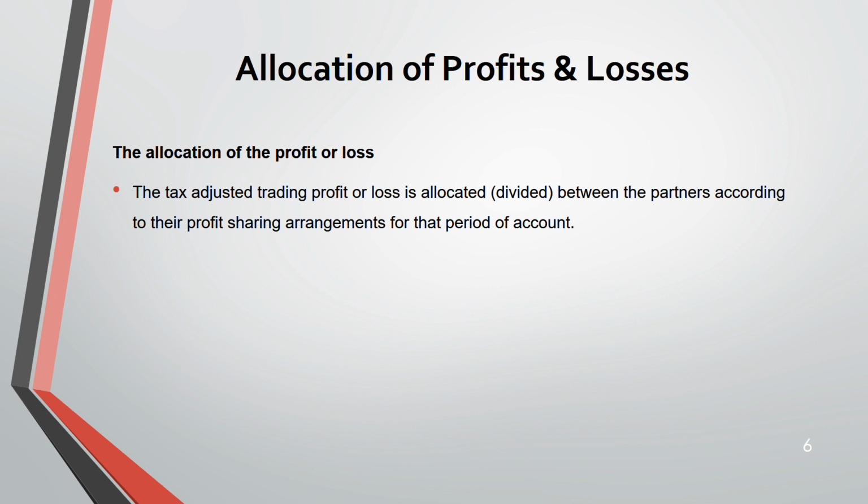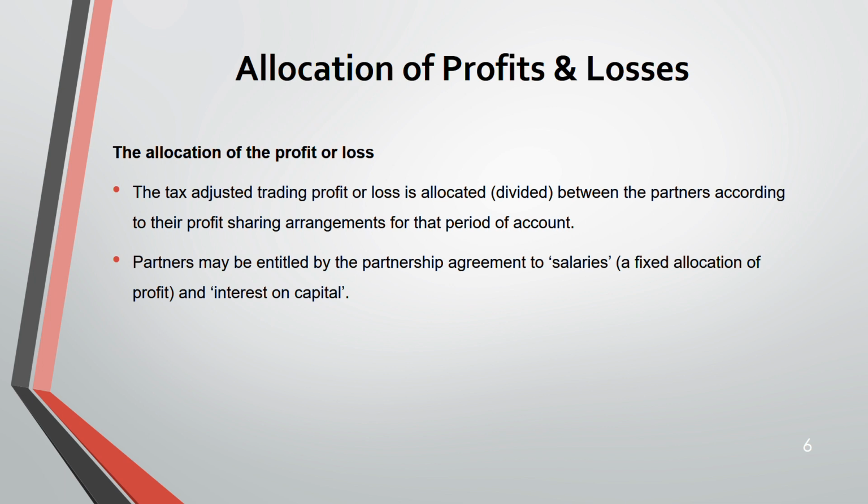Then allocation of profit or loss. This is divided based on the profit sharing ratio among the partners for that period of account. Partners are entitled either to salary or interest on capital or both. Salary means a fixed allocation of profit. They might say 5% of profit is salary, or 10%, whatever.